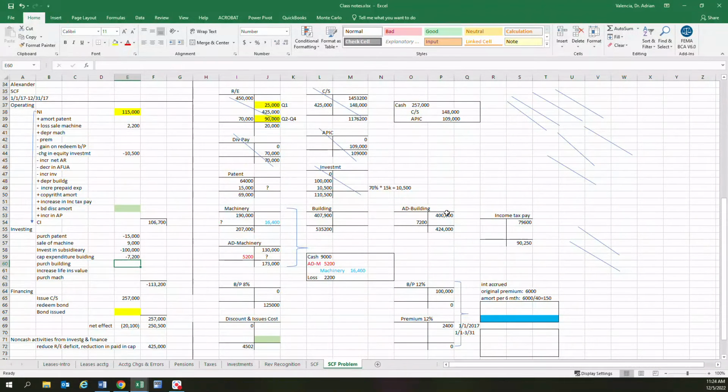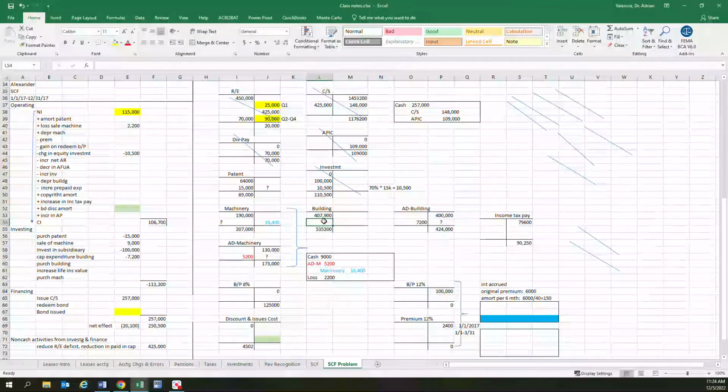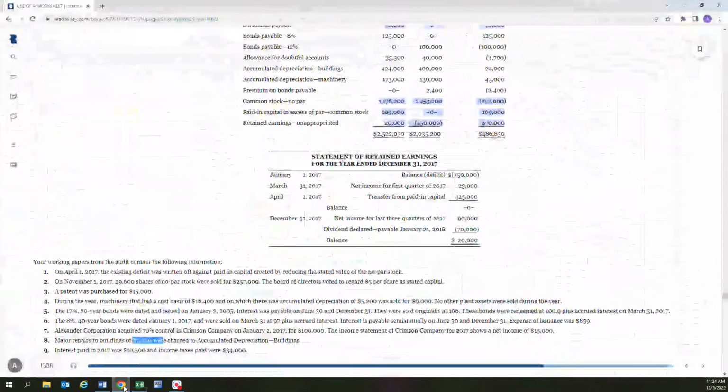Okay, now this doesn't fully explain the account because 400 minus 7,200 does not give you that. So most likely, again, this is going to be depreciation. But we'll wait until we have to make that assumption. We won't make that yet. The other thing here is building went up. So most likely we purchased the building, but we don't know the full details, so we'll wait. All right, let's go to the next thing.